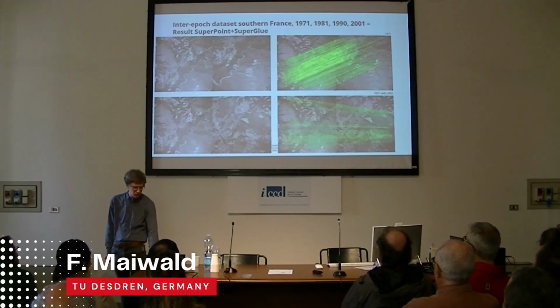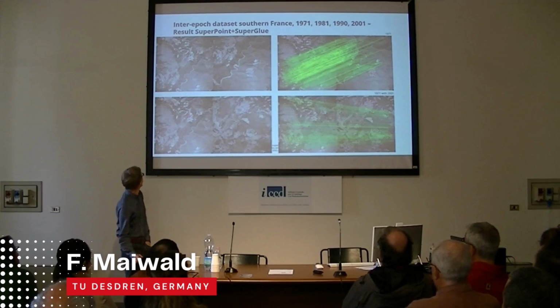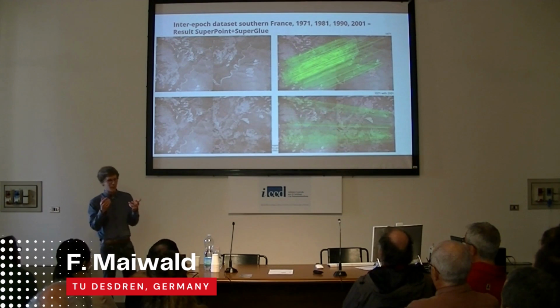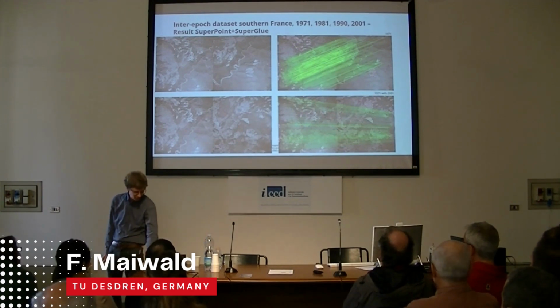So we have a comparison between 1971 and 2001. And I think it is quite hard to see, but there's some kind of river that appears here again. And so I could also verify it with my human eye that these feature matches are correct. So these were the first results.